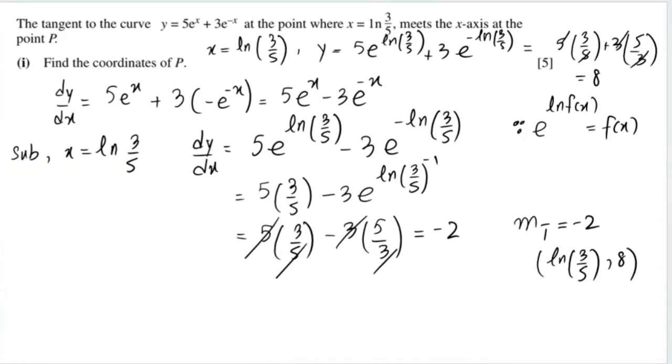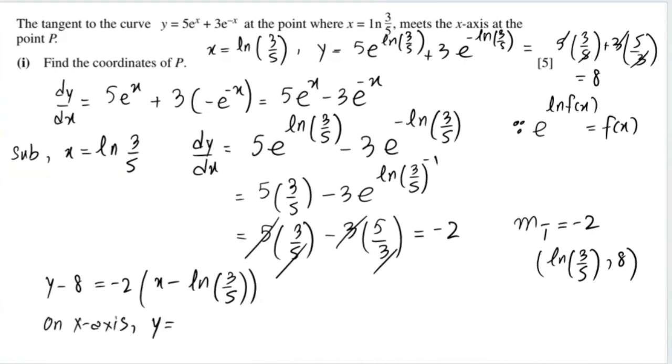So let's find the equation of the tangent, which will be y minus y1 equals m times x minus x1. Now my target is not to simplify the equation of the tangent. All I need is the coordinates of P. And what is P? This tangent line meets the x-axis at the point P. So you can say on x-axis, y is 0.